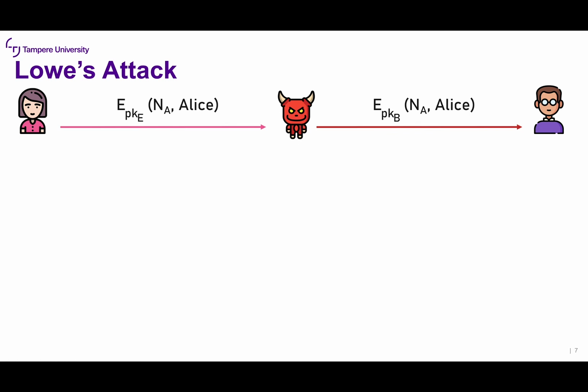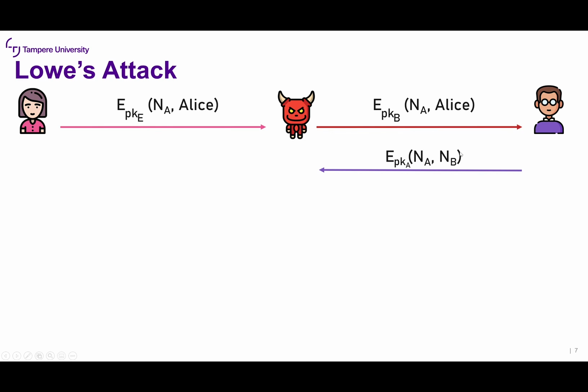So next, basically, Bob would reply back to Eve saying, "Hello Alice, right? Here is the nonce that you generated for me, NA. And here is a new nonce that I generate for you." And everything would be encrypted with Alice's public key, right? So imagine that Eve now had received a message that contains two nonces, NA, which she already knows from the first message that she received from Alice, so she doesn't really care about NA, not at all.